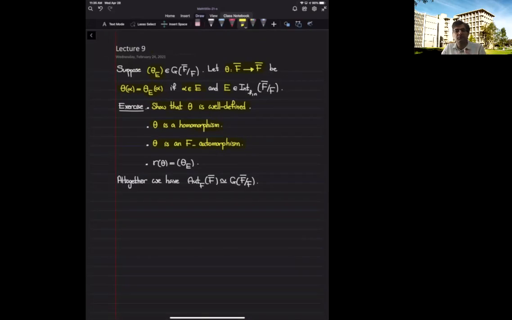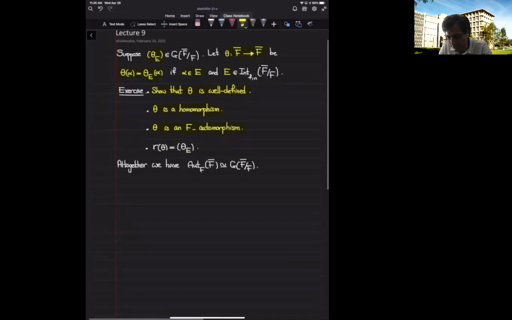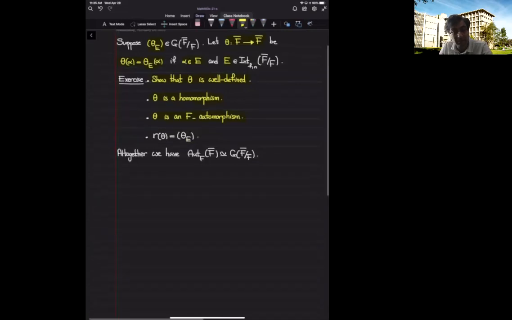So every finite normal extension is in the image of theta. That implies that theta is also surjective, and therefore it is an automorphism. And finally, the R of theta is in this, and that gives us that everything inside G of F bar over F is in the image.